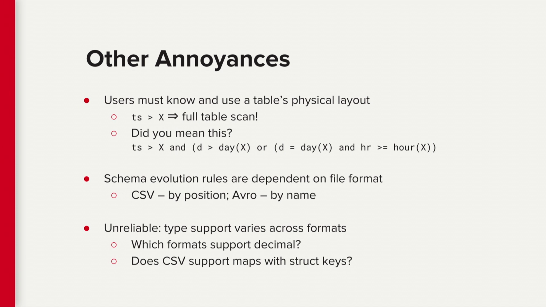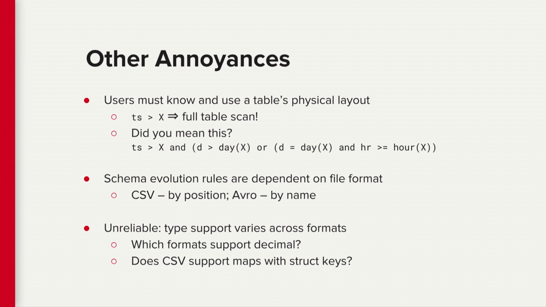So if you rename a column in one table format, you get different behavior than if you rename a column in a different table format. Super annoying. It's unclear what file formats support which data types. And nesting is a big problem here. I think CSV by default has like 3 or 4 levels of nesting, and after that, good luck, you're on your own.